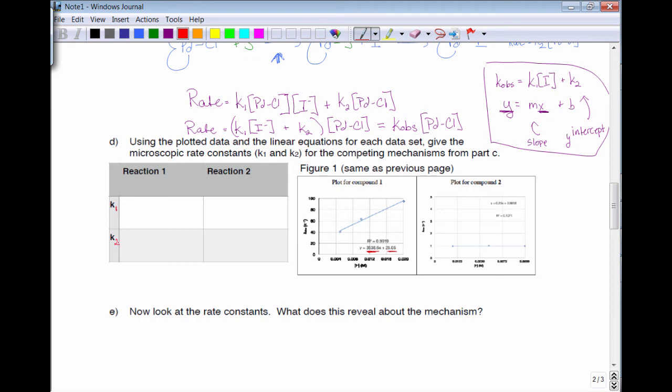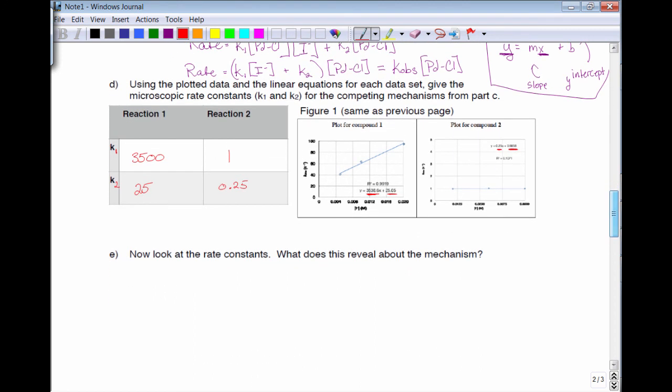But K1, there is the slope. So K1 here is about 3,500. And K2 is the intercept, so that is about 25. And for reaction 2, I have a slope of about 1 and an intercept of about 0.25. And so now I know what my microscopic rate constants were for reaction 1 and reaction 2.